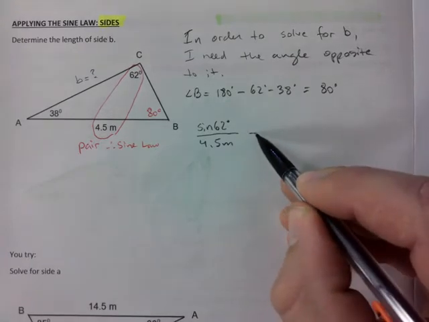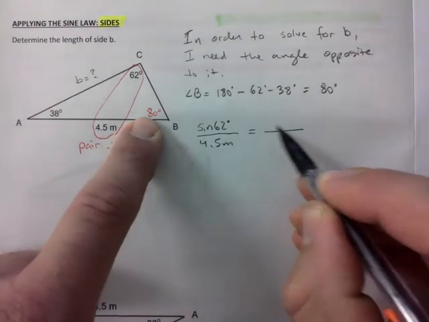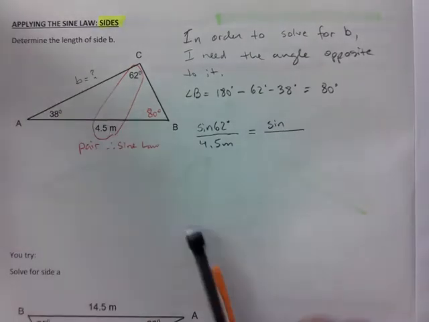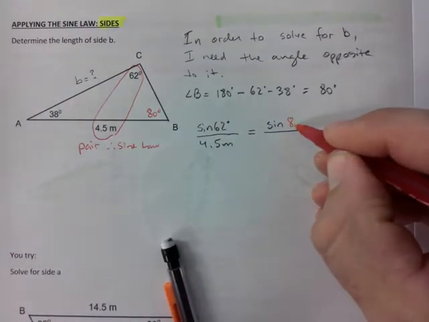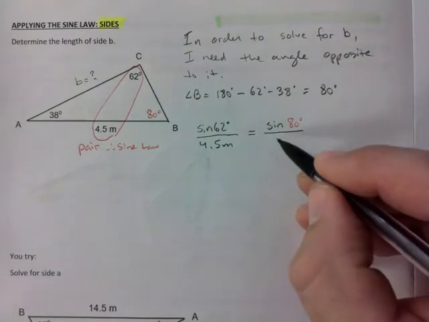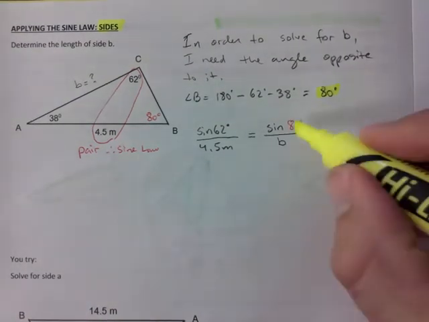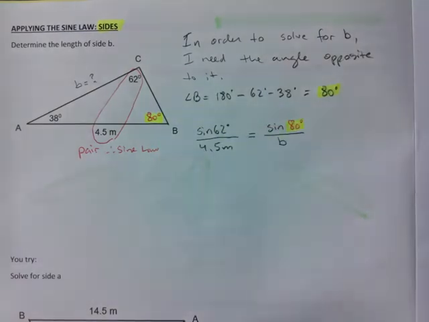And then on the other side, I know that that's equal to sine of 80. How about we keep using red because you can tell that I found that, right? Over side B. Bunch of 80s there.